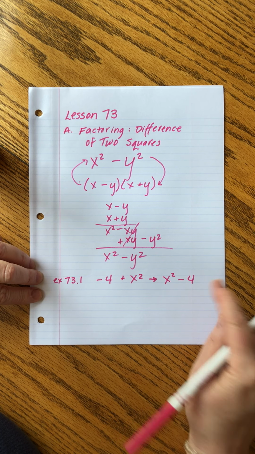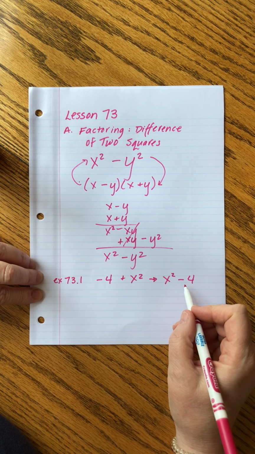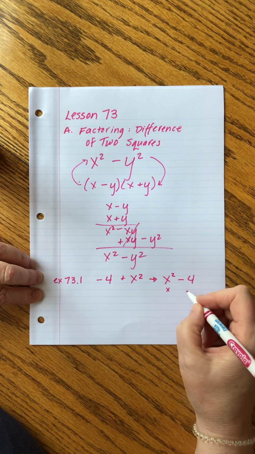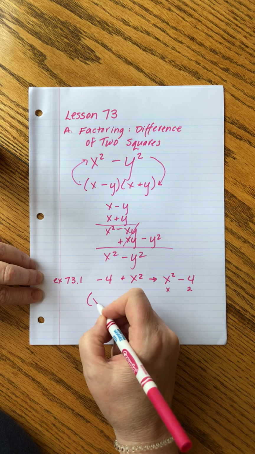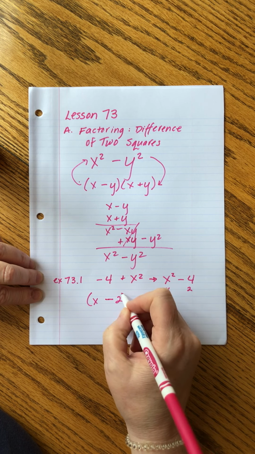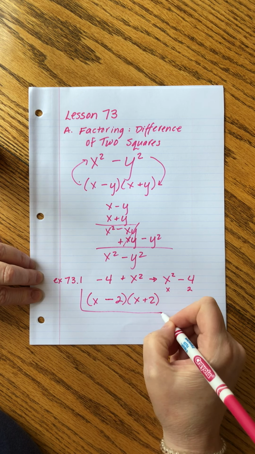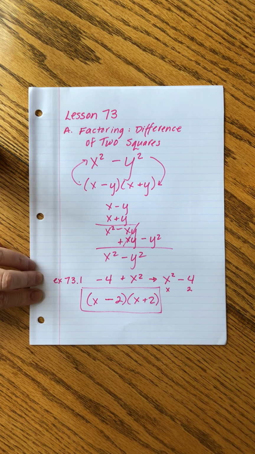We have two squares. So what we can do is identify the square root of each one, right? It would be x and 2. So we have x minus 2 and x plus 2. That's our final answer. Make sense? It's so easy. Let's try another one.